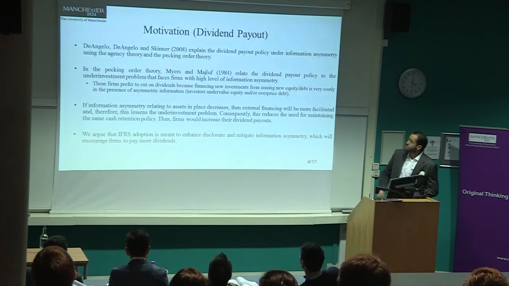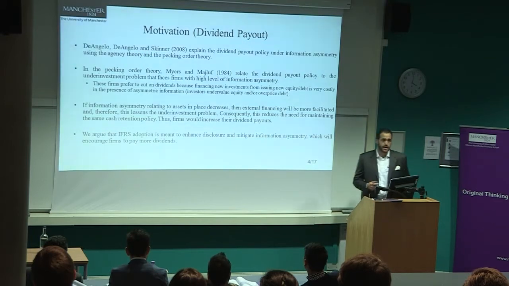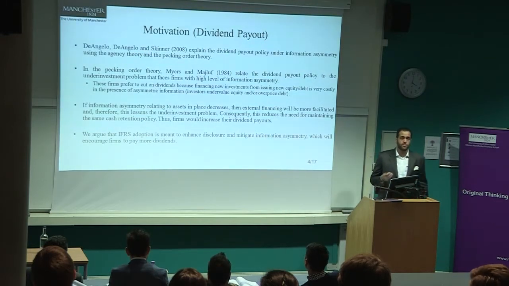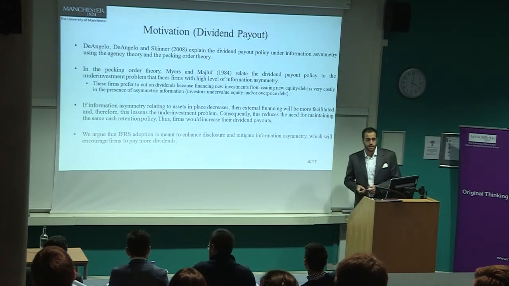So some motivation for the dividend payout hypothesis, the main hypothesis. D'Angelo et al. 2008 published a survey about corporate dividend payout policy, and they explain it under information asymmetry using the agency theory and the pecking order theory.